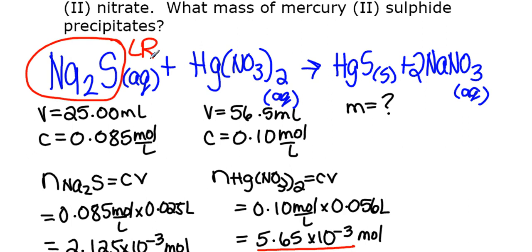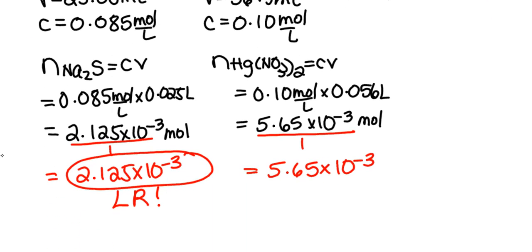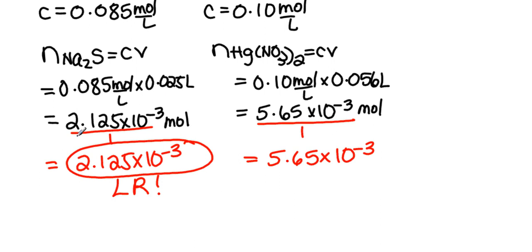I already have step 1 done because I have my moles. So then I need to do my mole ratio step and my mass step. If you think you can try this, see if you can find the mass of the product. Pause the video, and when you're ready to check, I'll continue walking through the rest of the problem.